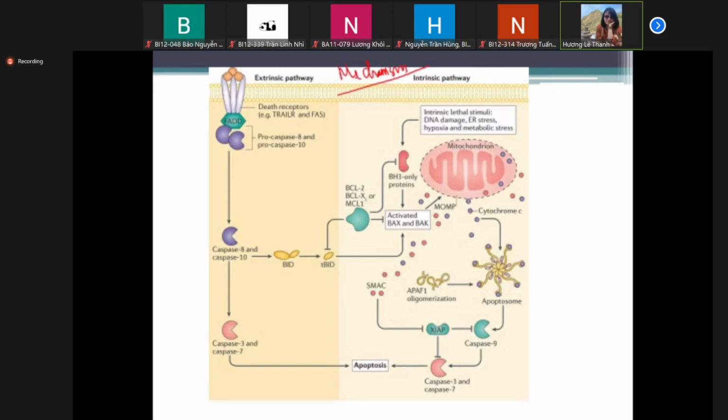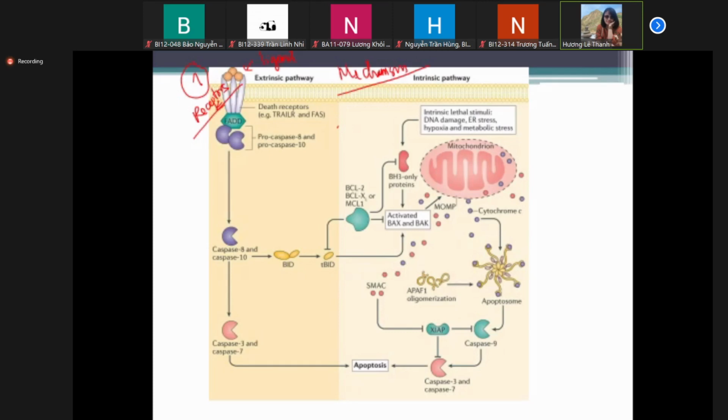Remember in cell communications, when the ligand goes to meet the receptor, that is the first step of cell communication, and also the first step here in the mechanism of apoptosis. So it involves signaling between the cells.